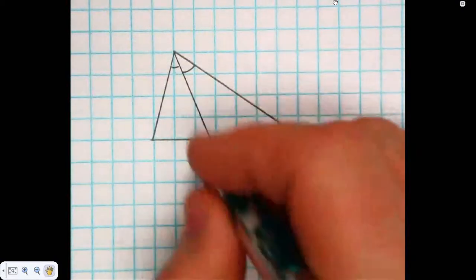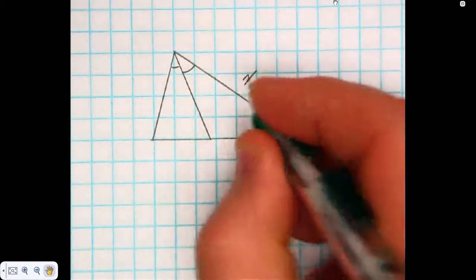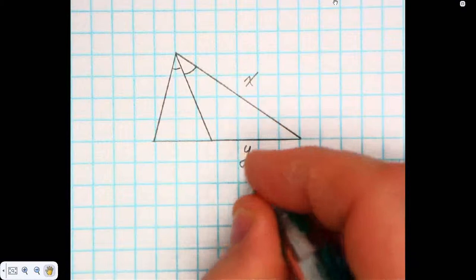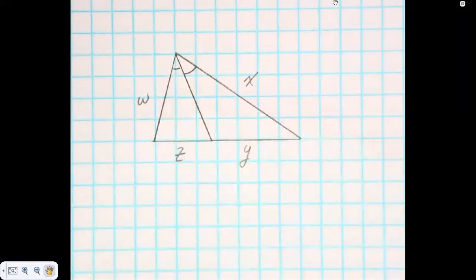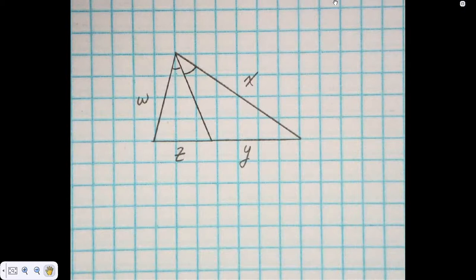A neat thing happens here. I'm going to call this X, I'm going to call this Y, I'm going to call this W, and I'm going to call this Z. Now the book, I'll show you how I see this.